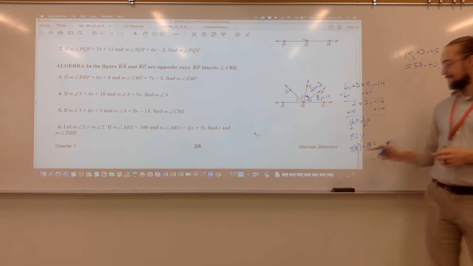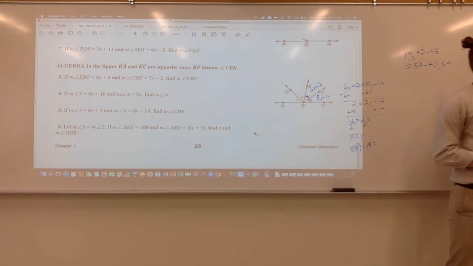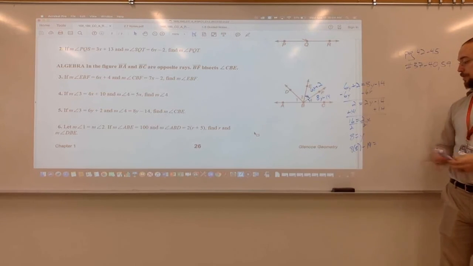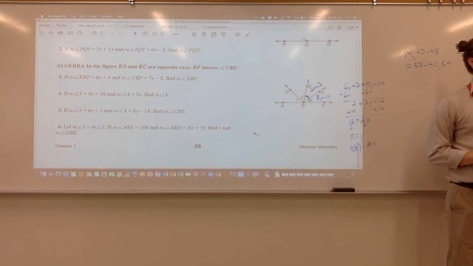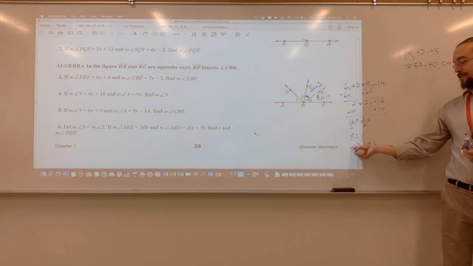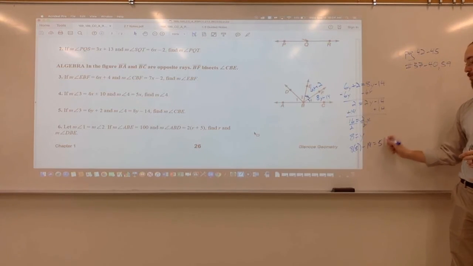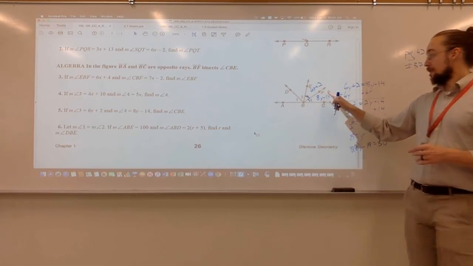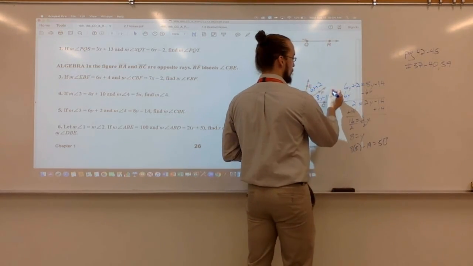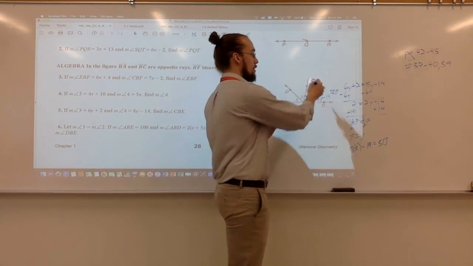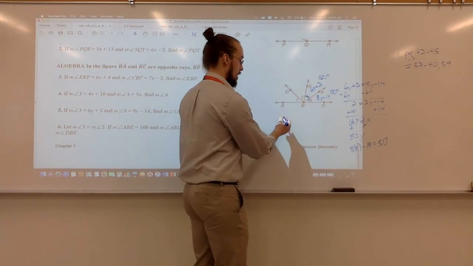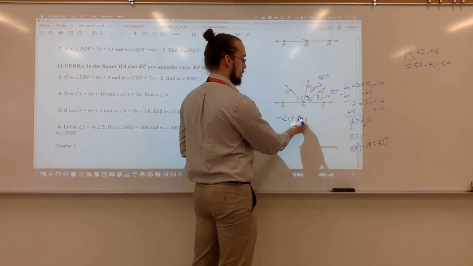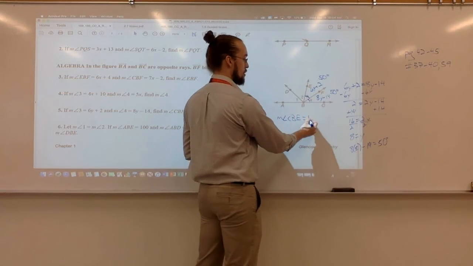We would get 64, and 64 minus 14 is 50 degrees. So this piece right here is 50 degrees. If this is 50, then this will also be 50 degrees. So the entire measure of angle CBE would be 50 plus 50 is 100.